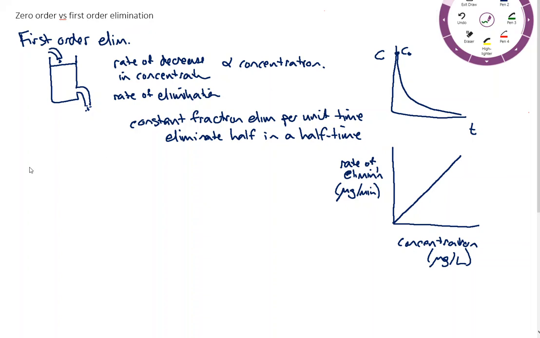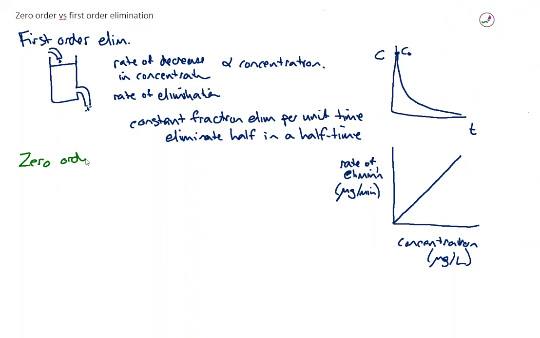Zero order is a little bit different. In zero order elimination, what you have instead is the rate of elimination is constant. So the rate of decrease in concentration, now instead of being proportional to concentration, is constant.